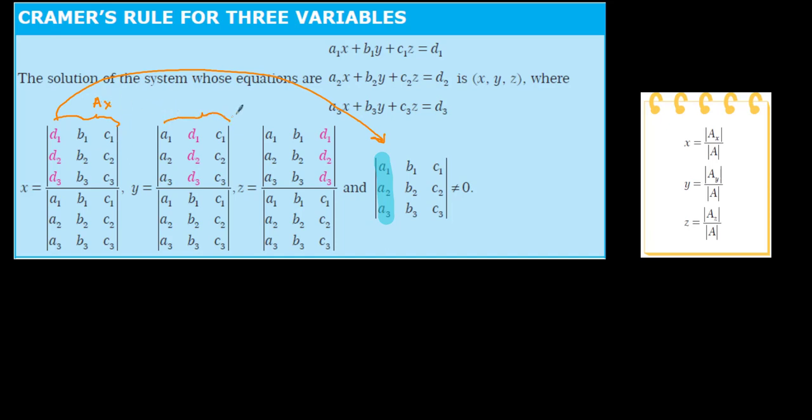This is when you replace the values for Y: the AY matrix, or determinant of AY, determinant of AX, and determinant of AZ. So X is equal to AX over A, Y is equal to AY over A, and Z is equal to AZ over A.